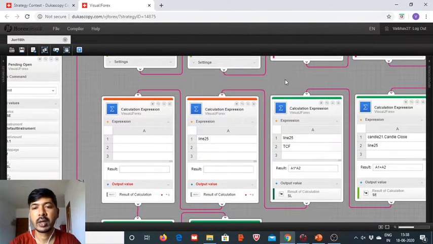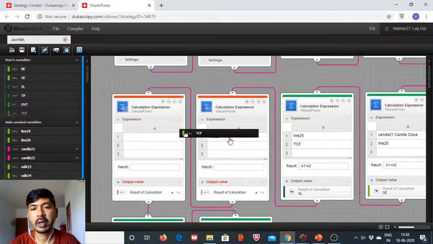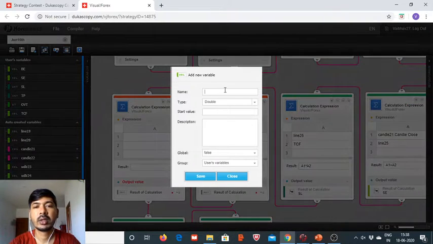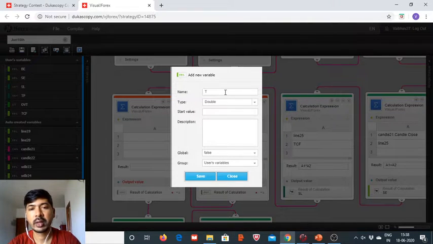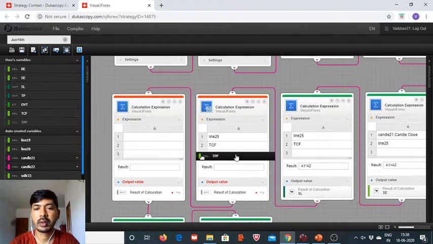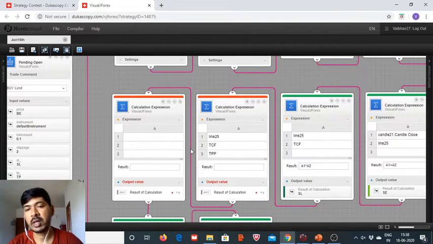So what we have to do is bring in the TCF as well as create a fresh variable, say target price pips, and it will be 2, so it will multiply the ATR by 2, and then we will multiply that value by TCF.